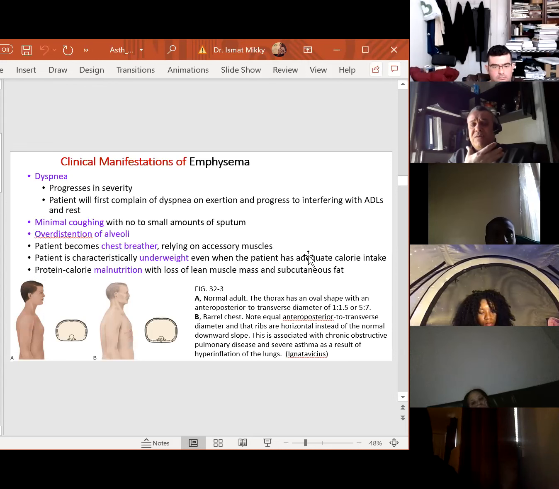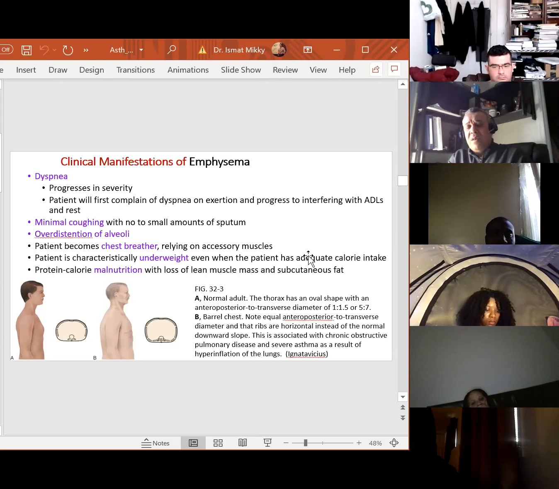Because the patient is able to inhale, but has a very difficult time exhaling and emptying the alveoli. That will result in flattening of the diaphragm and the AP, anterior posterior diameter, increasing.